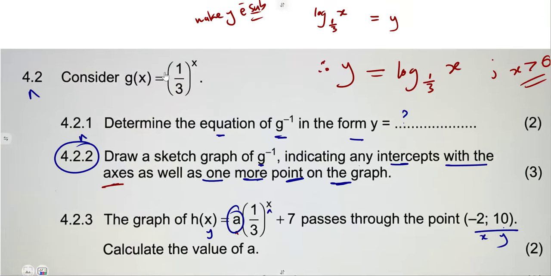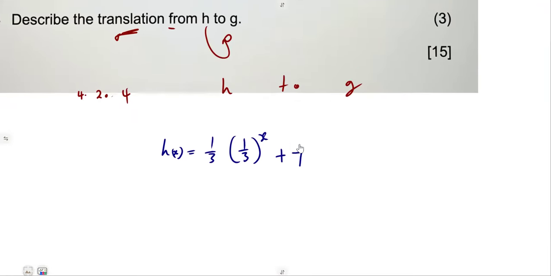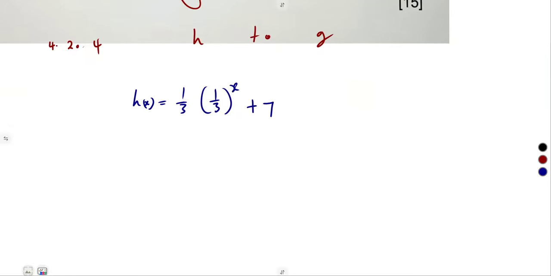Our g is this one: 1 over 3 to the exponent of x. That's our g(x), remember? So these are the two graphs. I dealt with transformation as a separate topic, so make sure that you go through those videos that can help you understand in a much better way what we are referring to here.